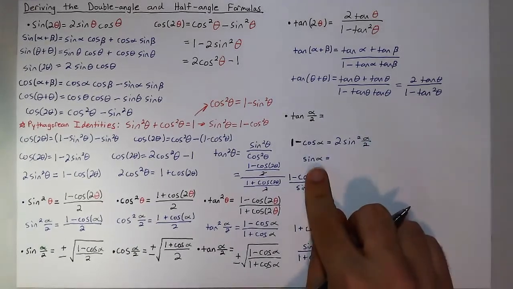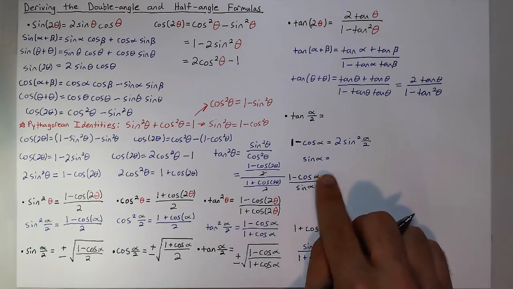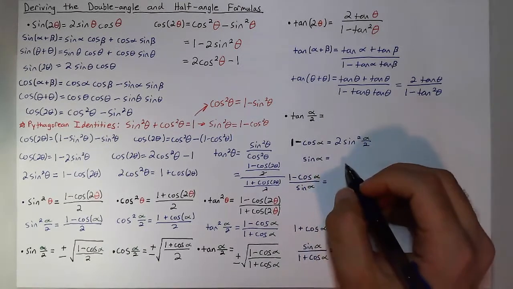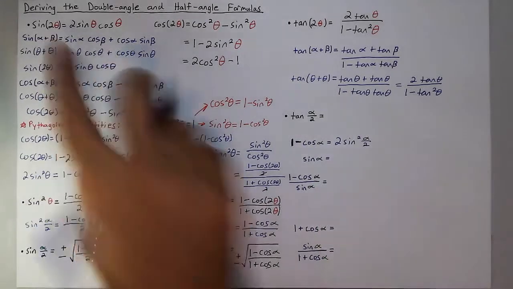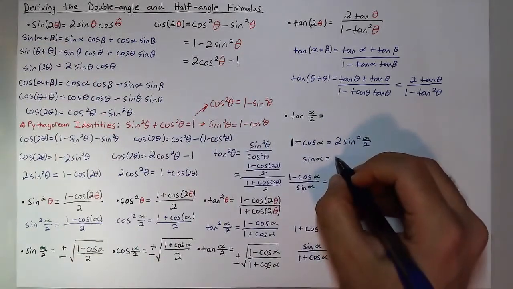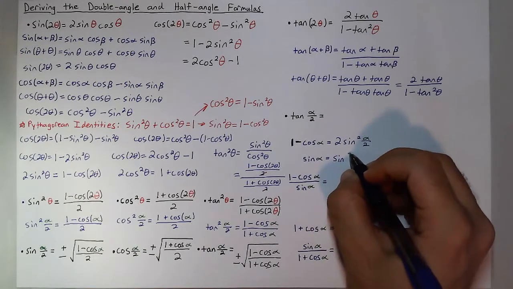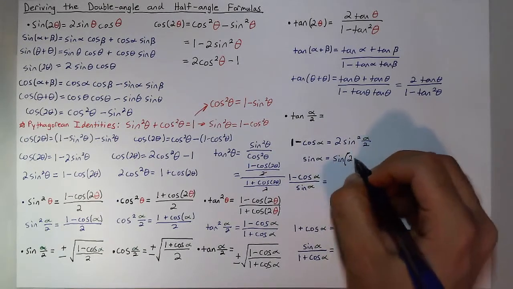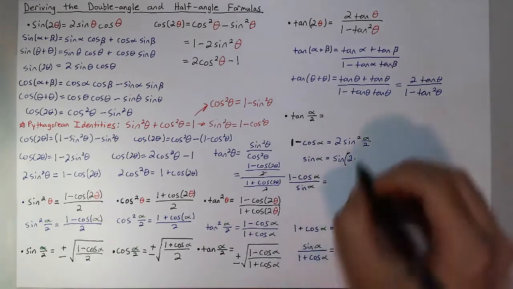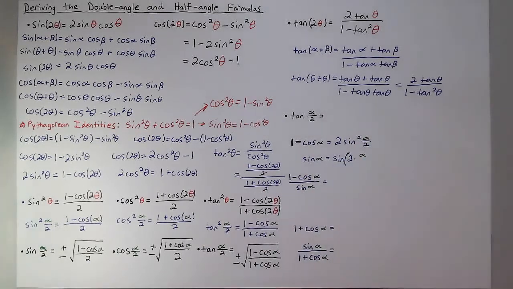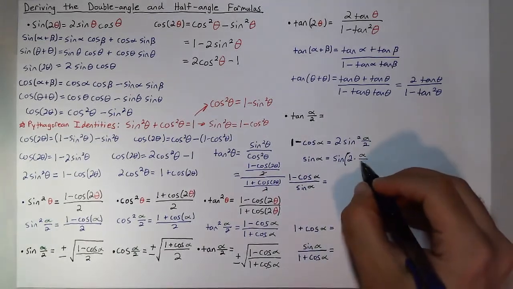And sine of alpha, if I want to calculate sine of alpha, I can actually do this in a very creative way by thinking of it as the double angle formula, sine of 2 times the angle alpha over 2, which should be the same.